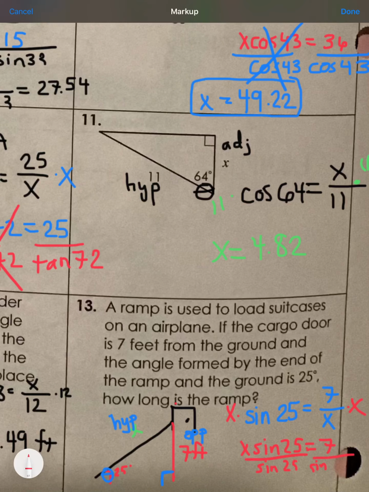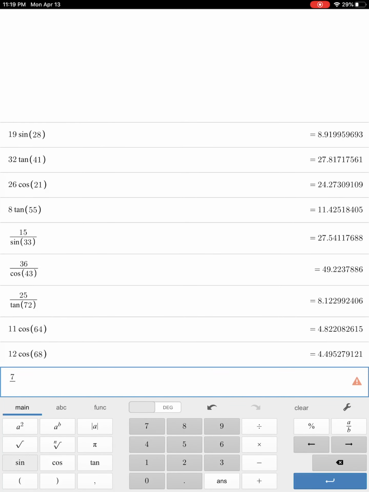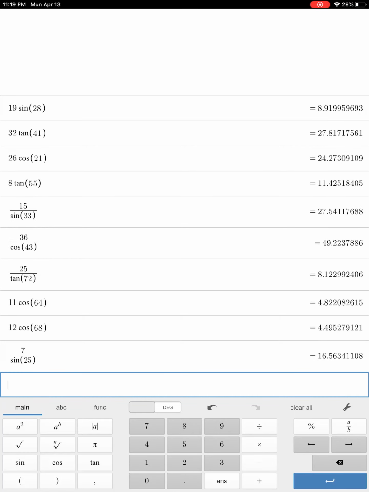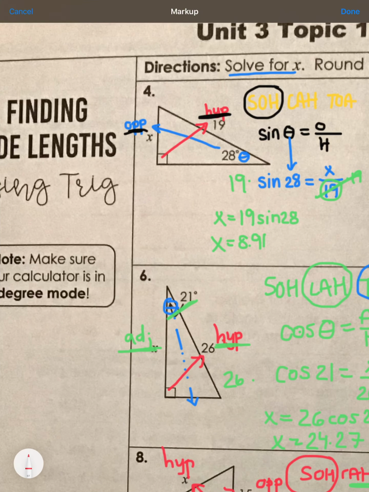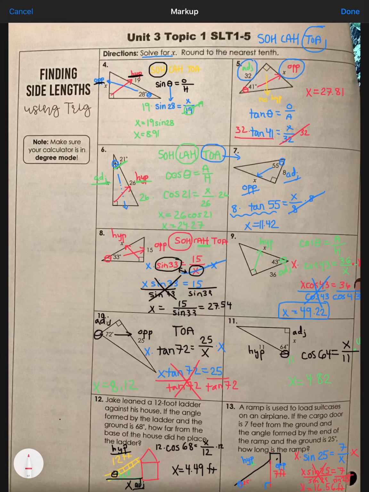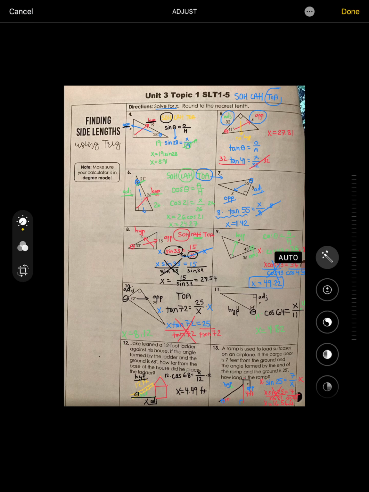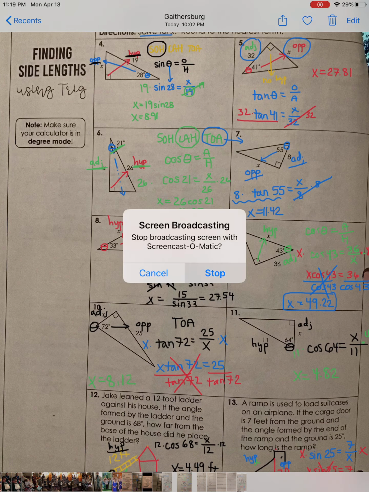And we're going to want to multiply by x on both sides, and then divide by the sine of 25. So what is 7 divided by the sine of 25? We have 16.56. So about 16.5 feet is the length of the ramp.